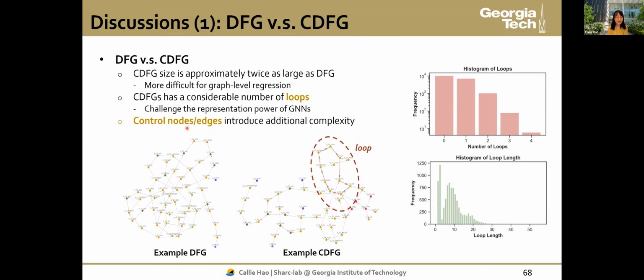Also, the control nodes and control edges introduce additional complexity, because if we're doing resource prediction, those control nodes sometimes don't directly contribute to the final resource. That also makes things very complicated. So that's why we want to call for more GNN-related research to dive into this area, to see if we can do a better job.